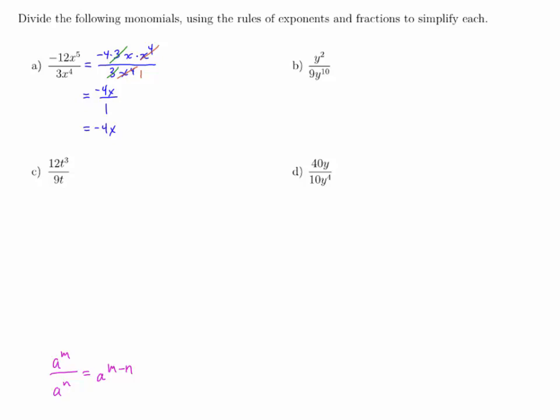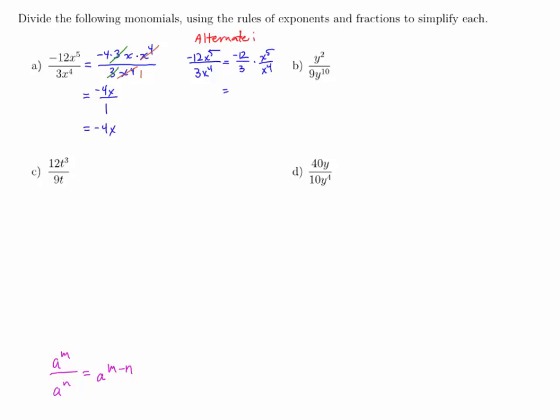An alternate approach, though, for this particular problem would be to rotely use the rules of exponents. So I'll show an alternate approach here. If we take negative 12x to the fifth over 3x to the fourth, we just break that down into negative 12 over 3 times x to the fifth over x to the fourth.